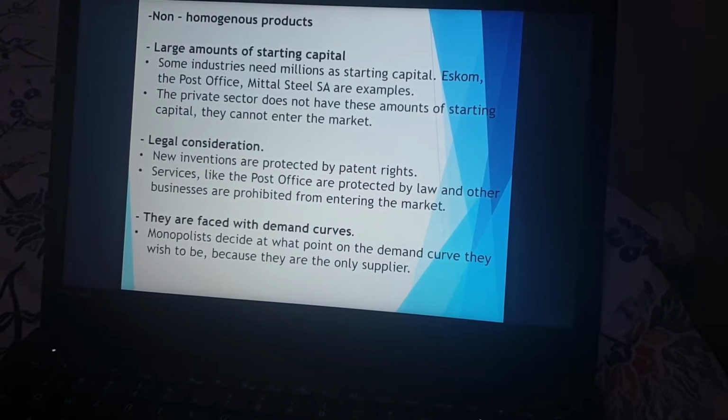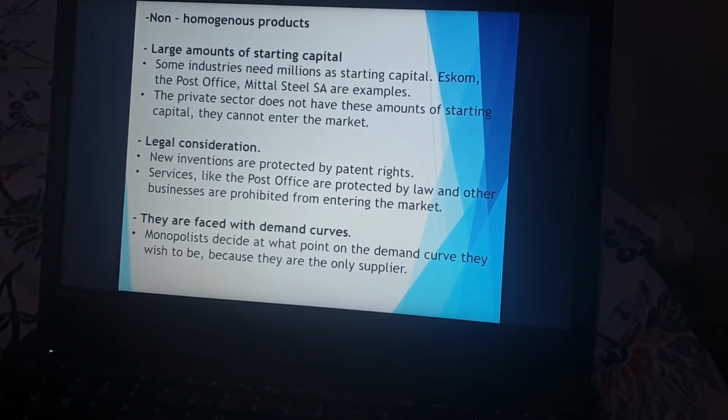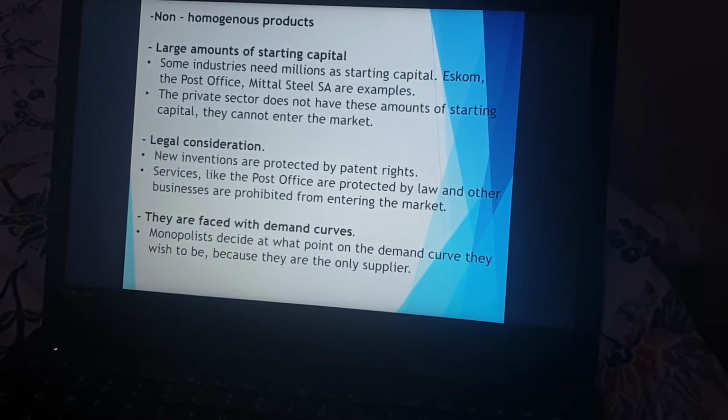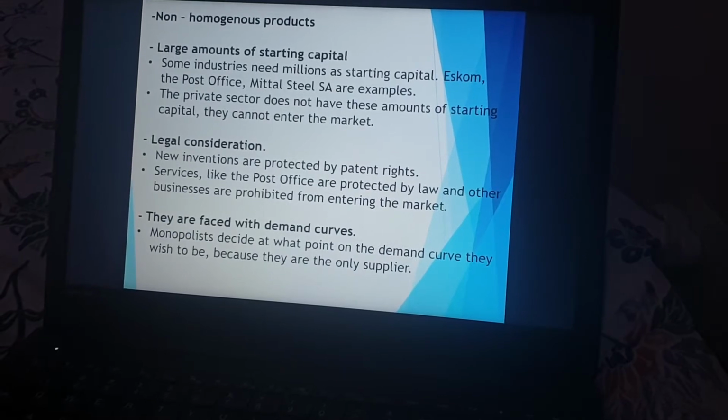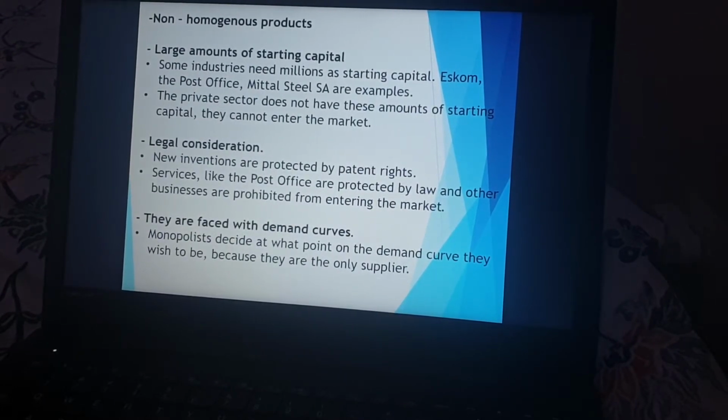Those are just a couple of examples. The private sector does not have these amounts of starting capital. They cannot enter the market. Legal consideration, new inventions are protected by patent rights.